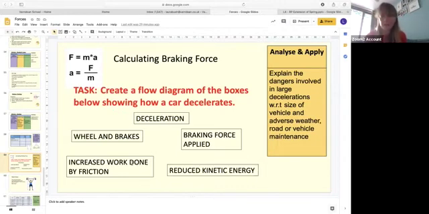Now the overall outcome of this is that thermal energy will dissipate from these brakes, because the energy has to go somewhere. If it's being reduced here, it's got to increase somewhere else. That store of kinetic energy has gone down, another store has to increase, and most often it's the thermal energy store that increases there.